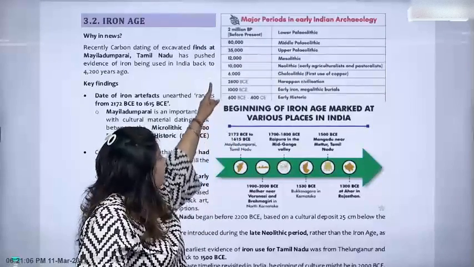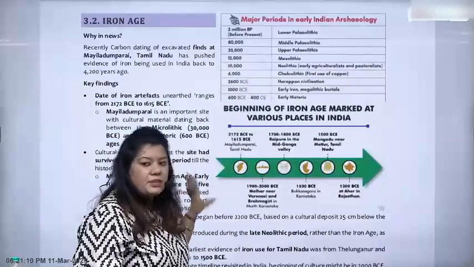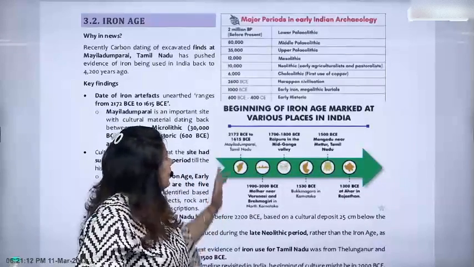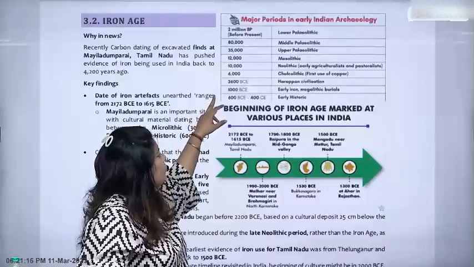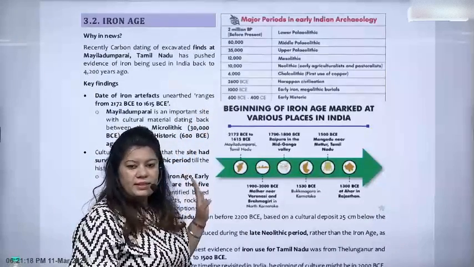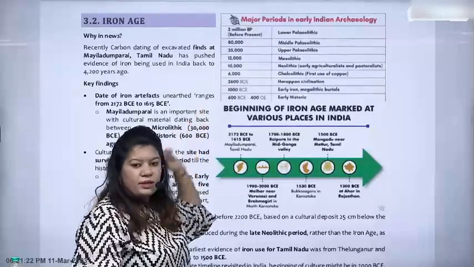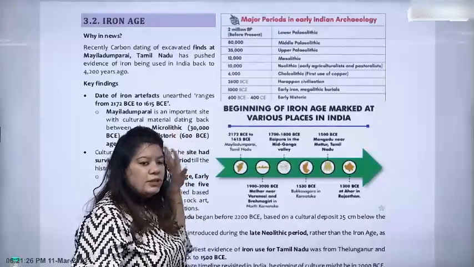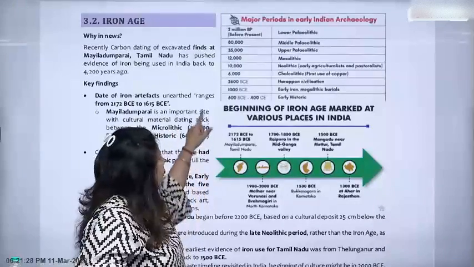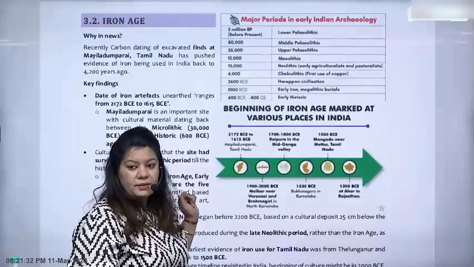Now coming to this timeline, this is the most accepted timeline. Having said that, that does not mean if you go back to 2400 BC, you will not find Harappan civilization. It is not like that. There will be sites which will be overlapping in the Chalcolithic phase also, early Harappan sites which you can find in the Chalcolithic phase. Similarly, you may find certain Neolithic sites in the Chalcolithic phase, right?